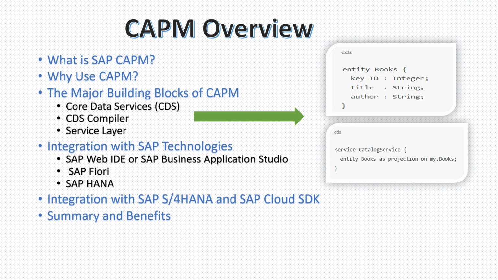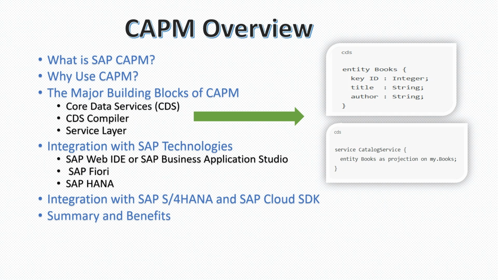That's what SAP calls clean core extensibility. I repeat once again, clean core extensibility. Also, CAPM integrates with the SAP Cloud SDK, which helps connect your application with other SAP or third-party systems. So you can build extension, integration, or standalone application, all using the same CAPM framework.